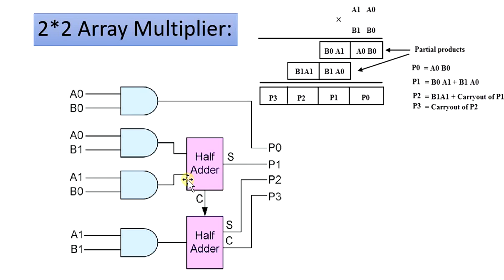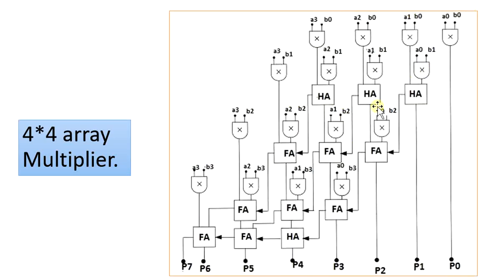That is because the number of partial product terms is only 2, and at most we will be getting a carry, whereas if you go for higher order array multipliers, you will have more partial products. That is why you will also require a full adder.